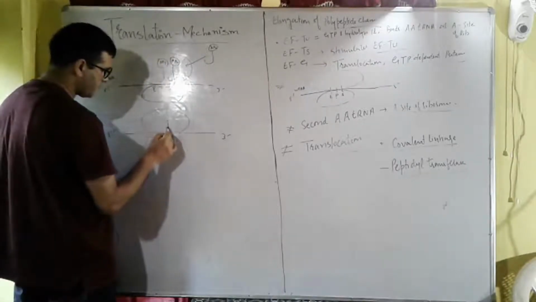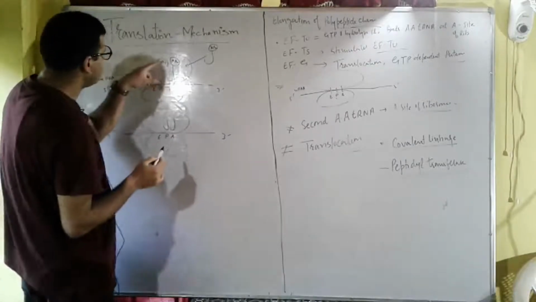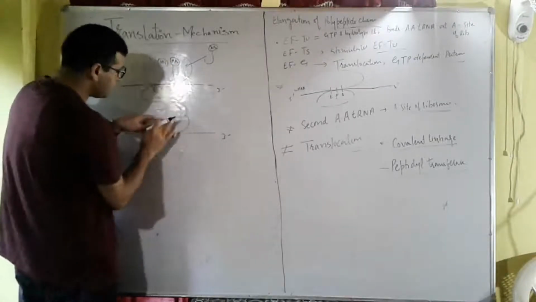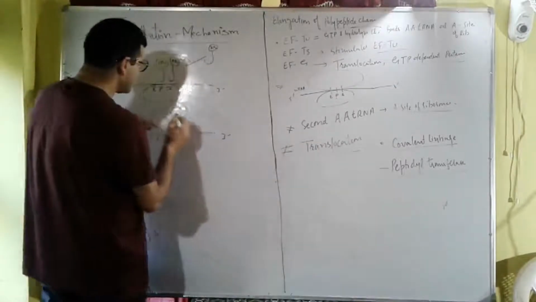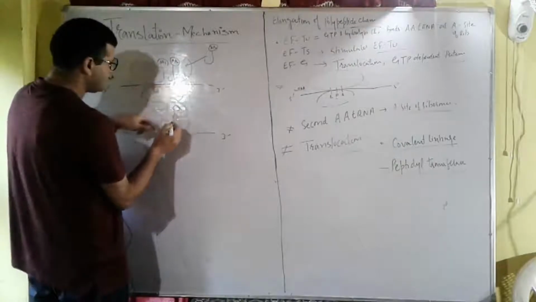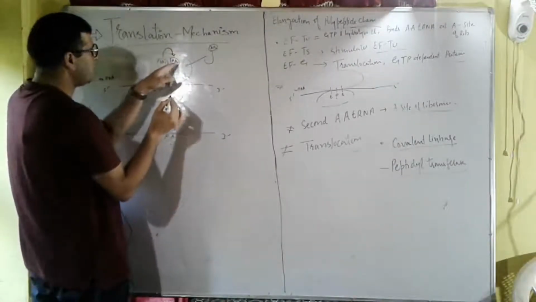Then the linkage between the first amino acid and its corresponding tRNA is broken. As a result, a peptide transferase enzyme establishes a linkage between the first amino acid and the second amino acid.